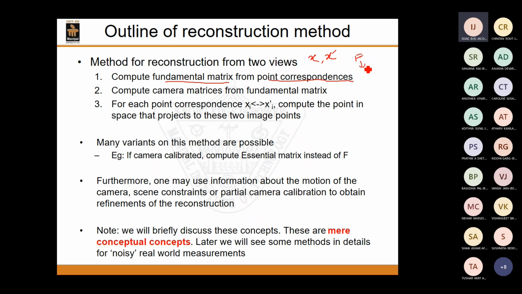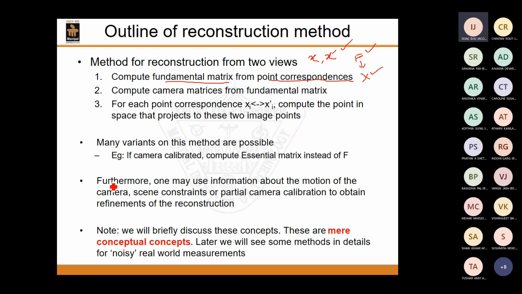From that we can calculate the camera parameters, and once that is known, we can find out capital X, which is the 3D point. So this is the step-by-step approach: first the correspondence, then finding the fundamental matrix and the camera parameters, and then finding out the exact 3D point.